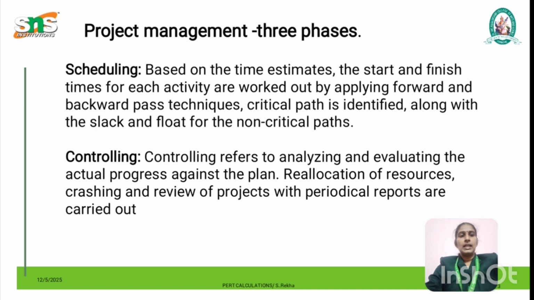Forward pass is where we calculate ES, that is earliest start, whereas the backward pass gives the latest finish, that is LF. So we find using these two techniques, and also we find the critical path along the scheduling. After completing this critical path, we have to go with the controlling.